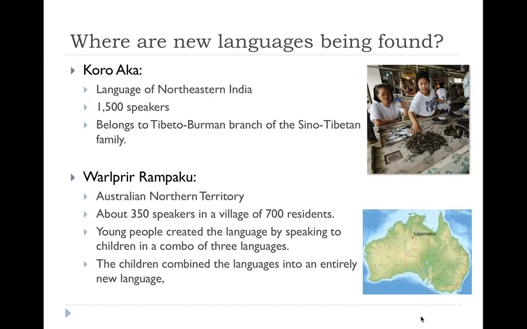So it's almost a version of Pidgin, bringing multiple languages together. The children combined these languages into an entirely new language. So the young people of that village mixed together a lot of the different languages that they had used into one, basically. An interesting aspect here of new languages being found and formed around the world still today.